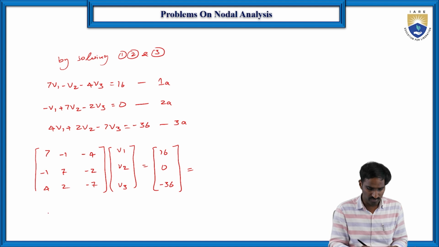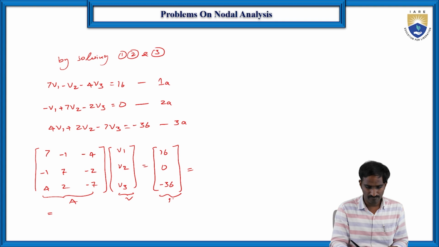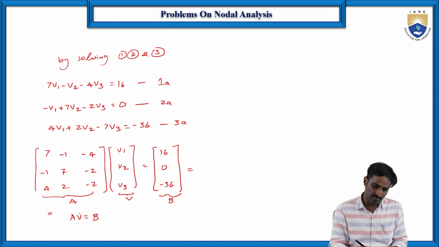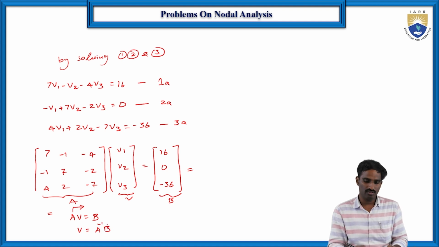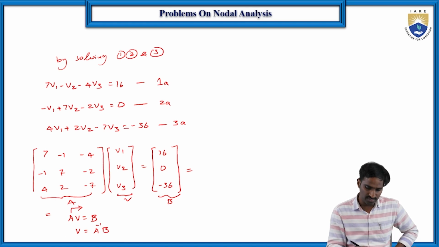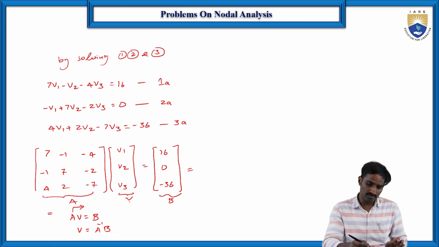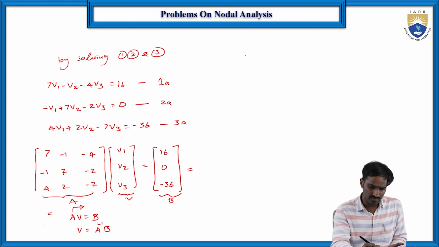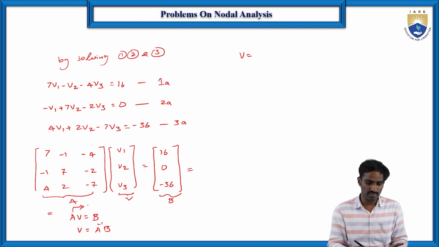Let us consider this is A, this is V and this is B. Then AV is equal to B, so V is equal to A inverse into B. Because now you know A, you can find A inverse, and A inverse into B gives the V matrix.